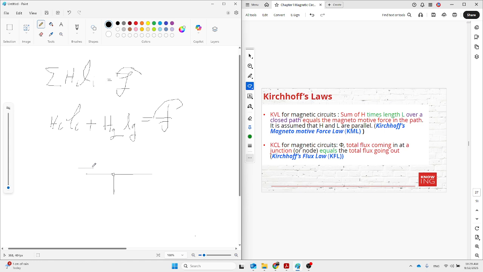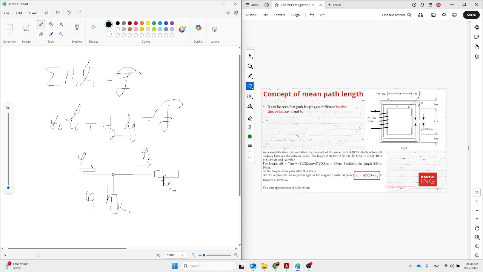Assume this is the full flux, so it will be divided into two different fluxes, depending on the value of the reluctance. So here assume we have reluctance number 2. Here assume we have reluctance number 1. Then the relationship between reluctance number 2 and 1 is given, and you can calculate phi 1 and phi 2. Very simple, very easy.